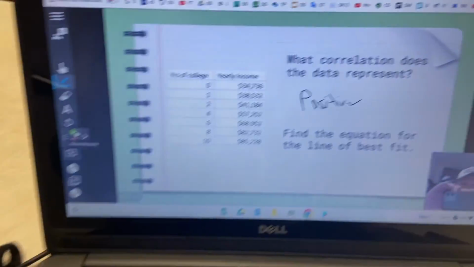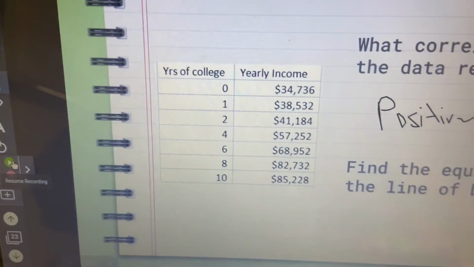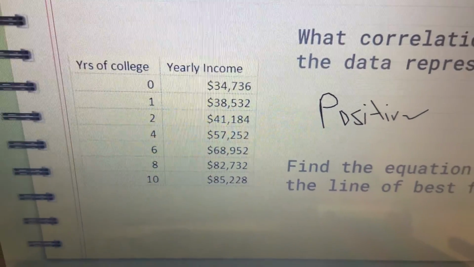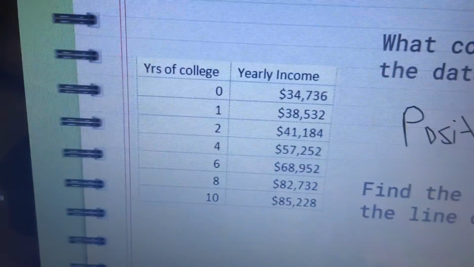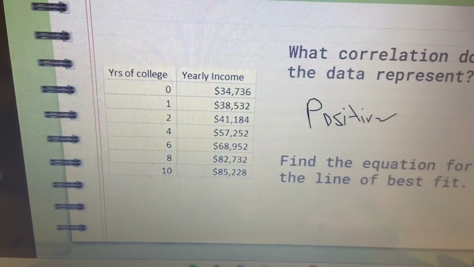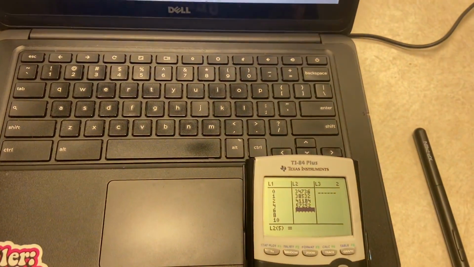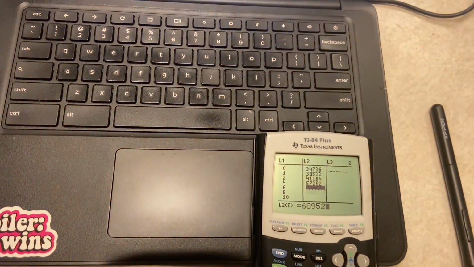Now I'm going to type 34,736, enter to get down, 38,532, enter, 41,184, enter, 57,252, enter, 68,952.